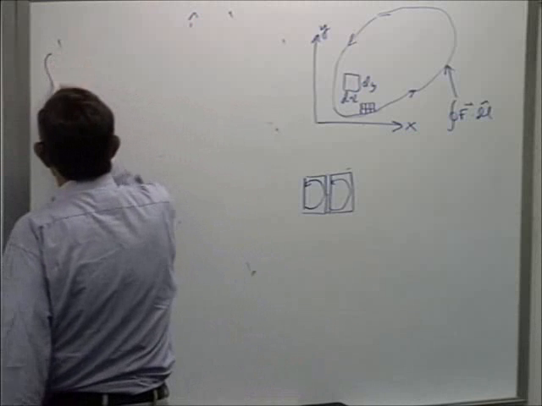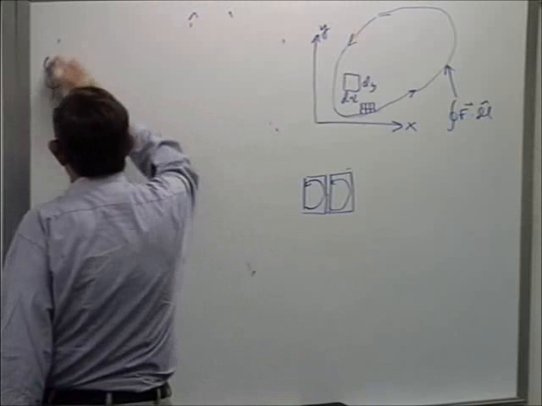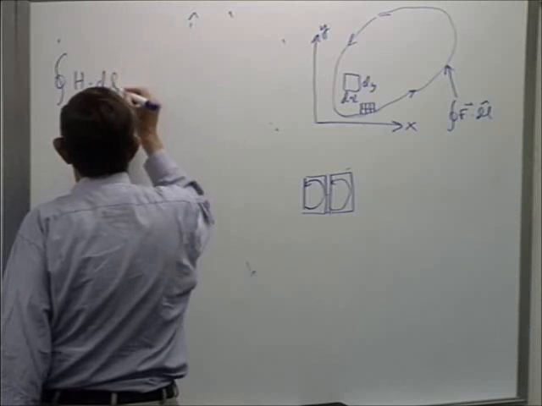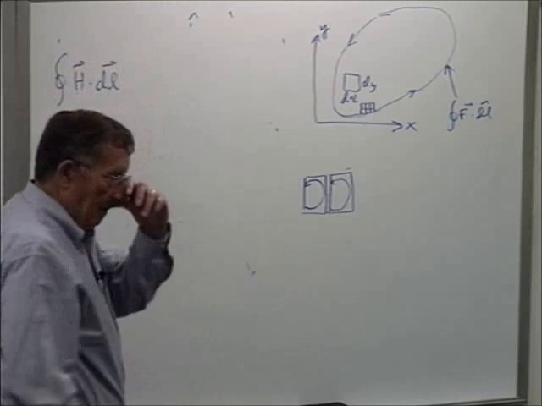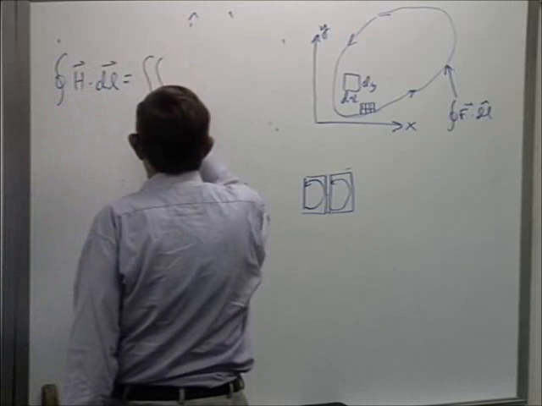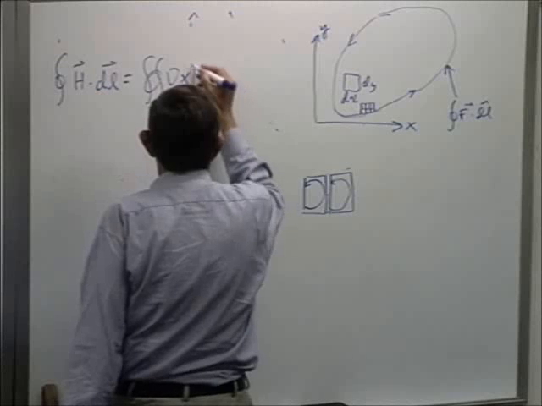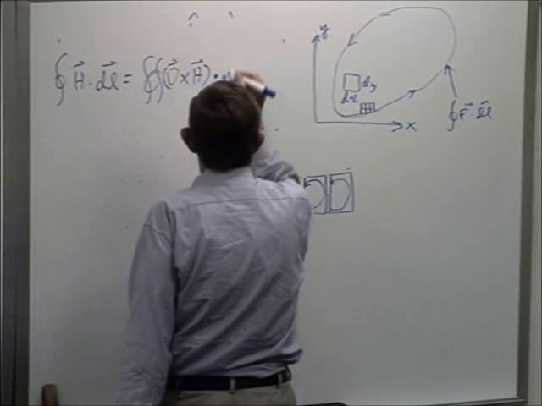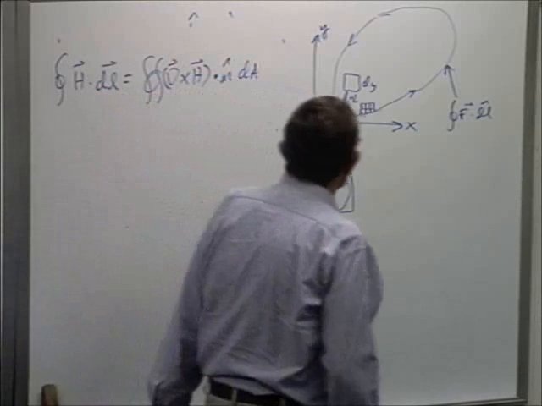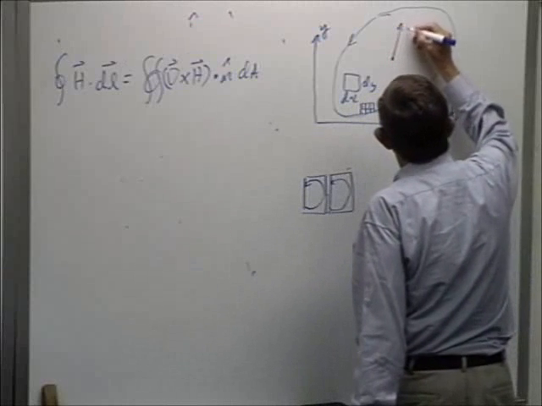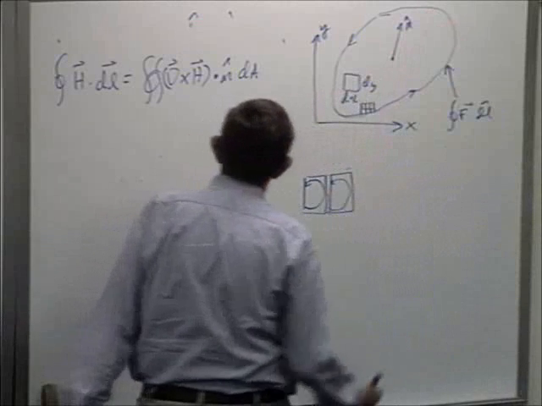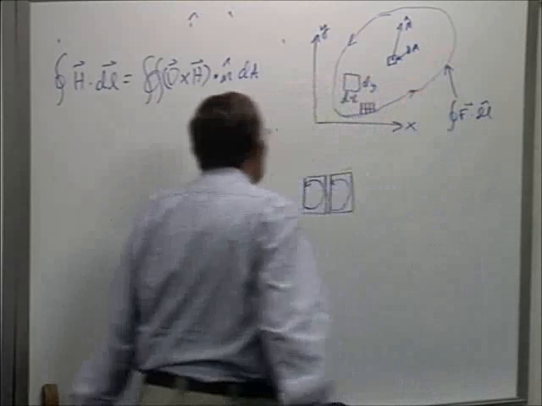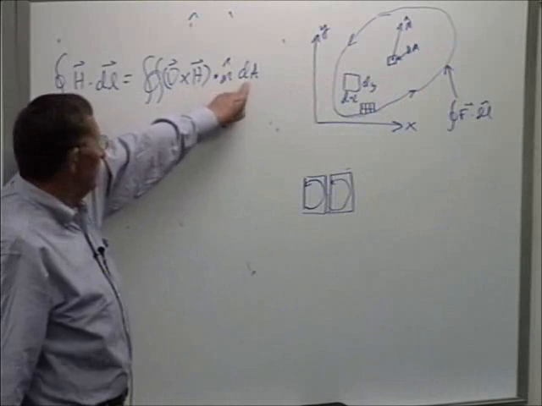And that's where it comes in that the line integral of, let's say, the H field around the periphery is equal to the integral over the surface of del cross H dot n dA, where n is the unit vector normal to the surface and dA is the area element. In Cartesian, this would just be dx dy for that plane.